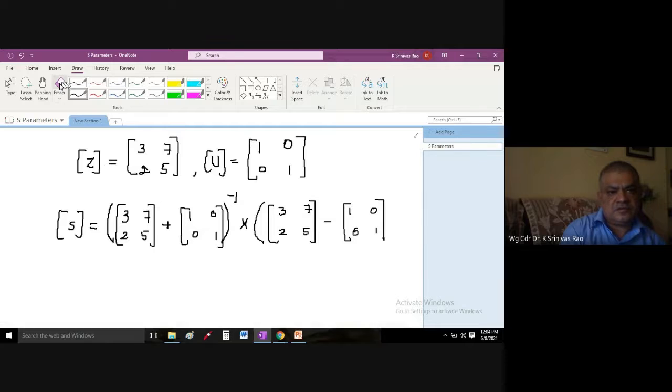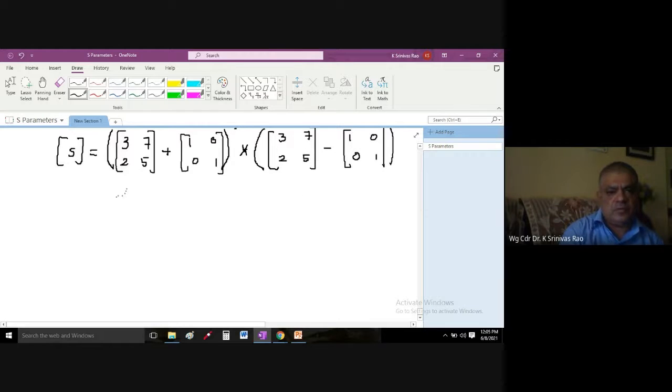It's not 6, it is 0. And complete the bracket. The brackets play a very important role, so kindly do not forget to put the brackets. Otherwise, we all know how important brackets are for any problem.